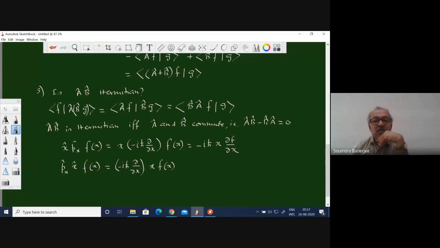Now del x operates on this whole thing, and therefore this yields minus i h cross, x del f del x plus f of x.